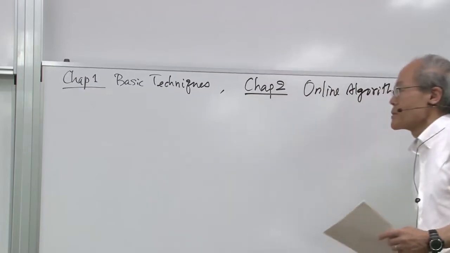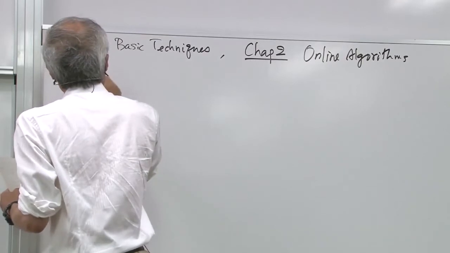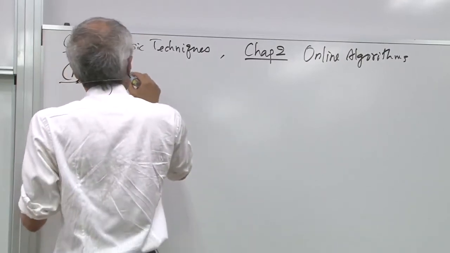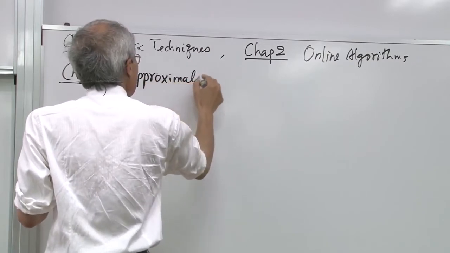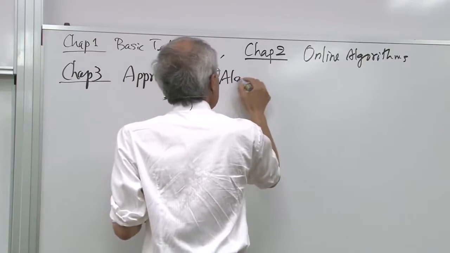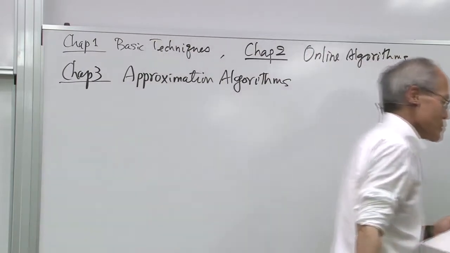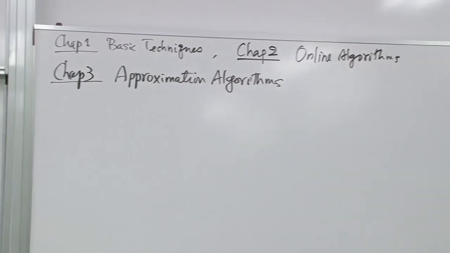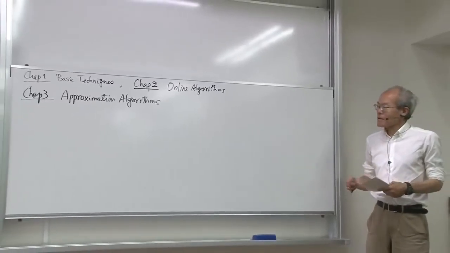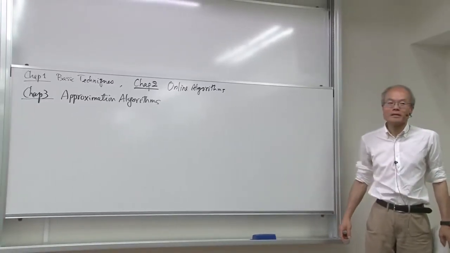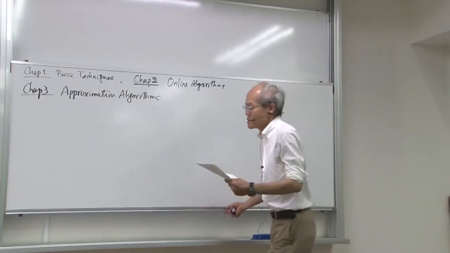And now we are going to chapter 3. Chapter 3 is for approximation algorithms. Okay, so we are now starting a new chapter. Approximation algorithm means exactly its literal meaning. I'll show in a moment.